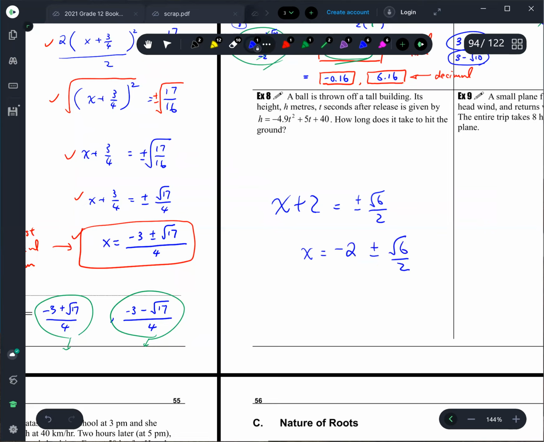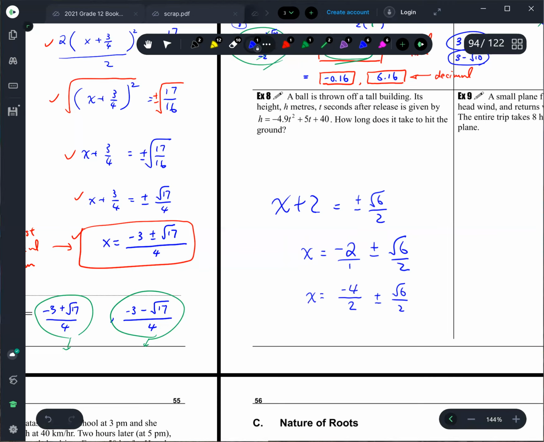And now you need to combine them together, so you need to get a common denominator for both of them. What's the common denominator here? 2. Yes. If the bottom becomes 2, the top will be negative 4.